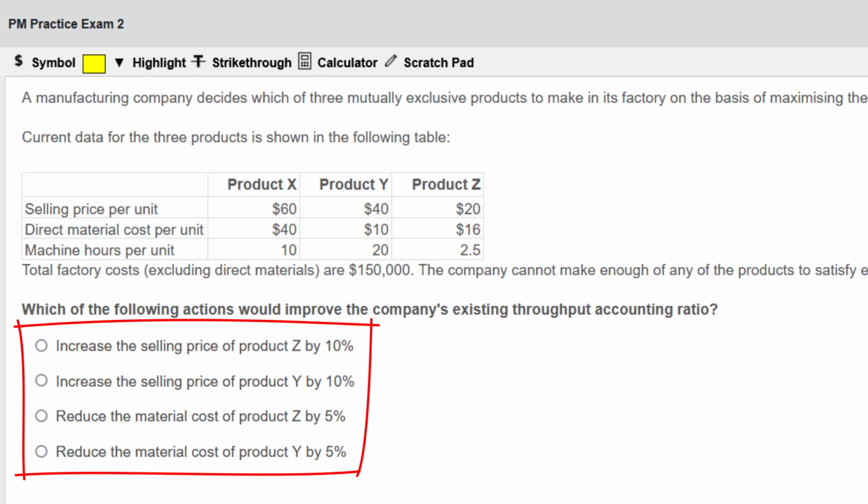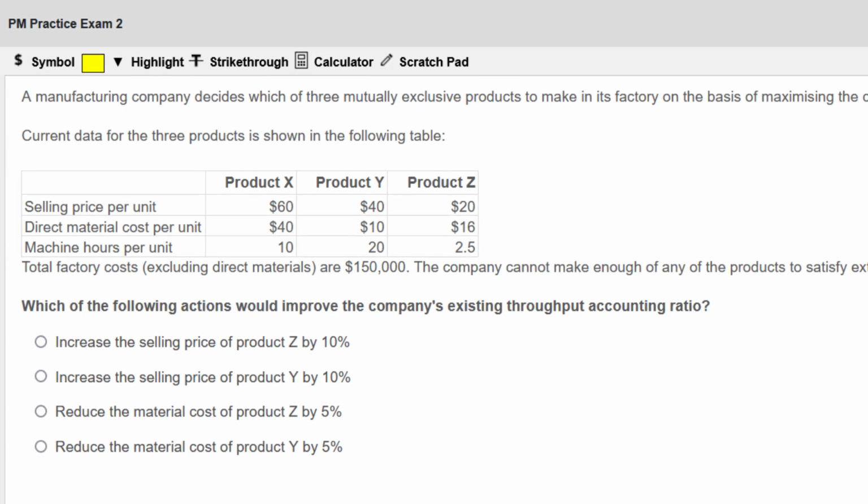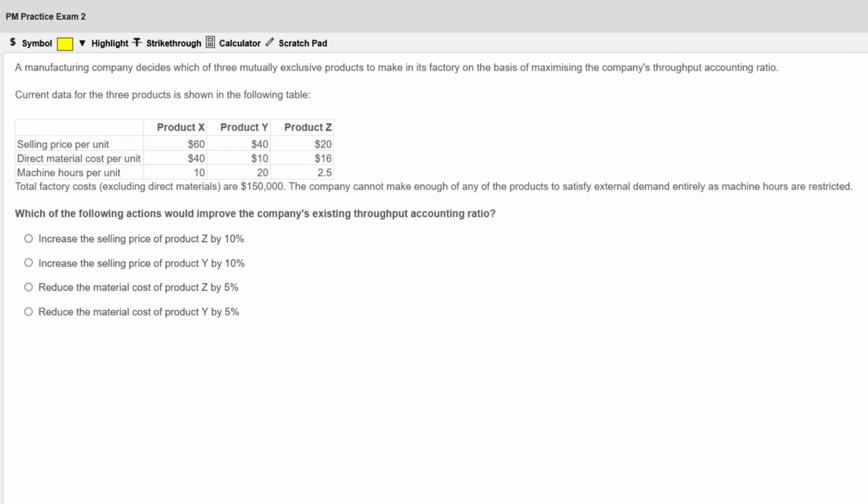So all of those options are linked to increasing the numerator. So they're all feasible or plausible. Can't eliminate anything immediately. Now, at this point, I glance at the numbers, and we need to focus on throughput contribution per hour. And we also see that the products are mutually exclusive. We can only make one of them.